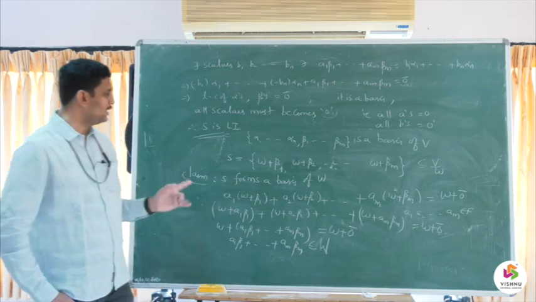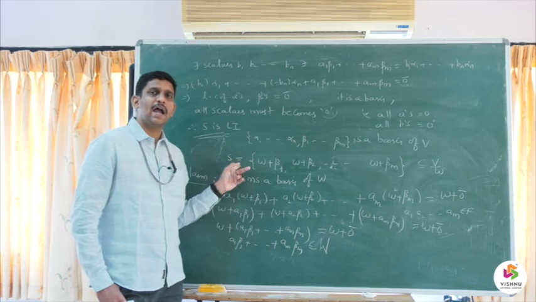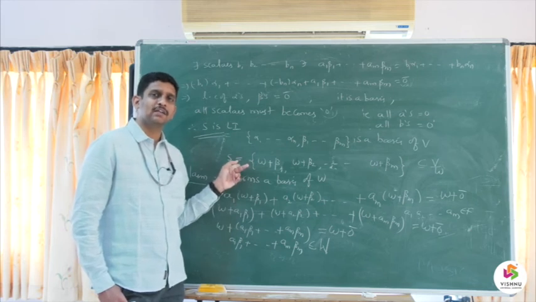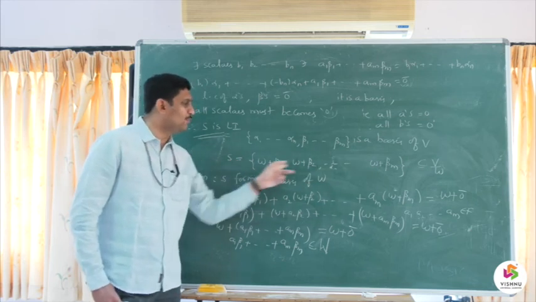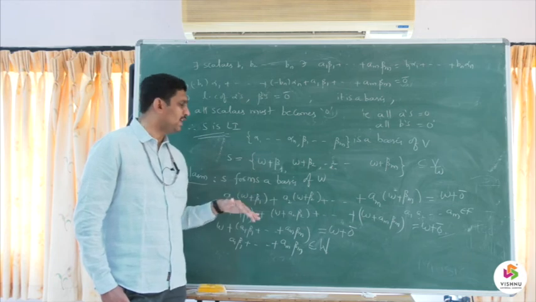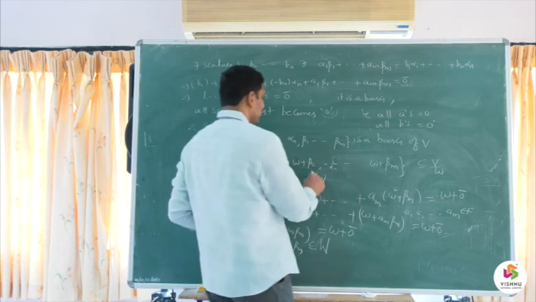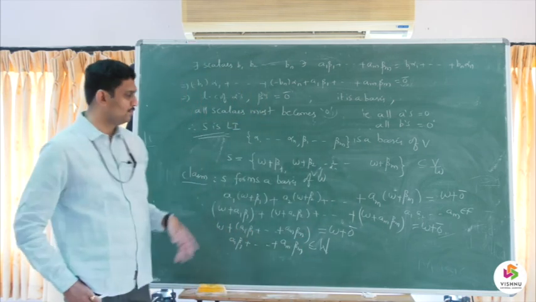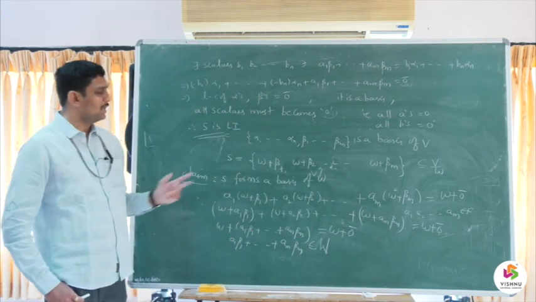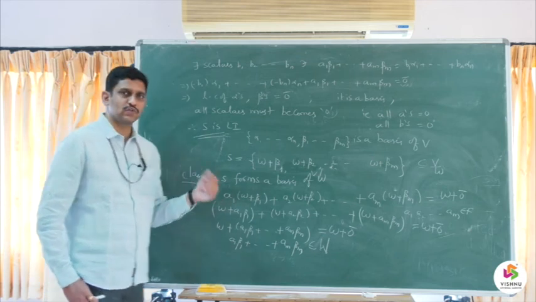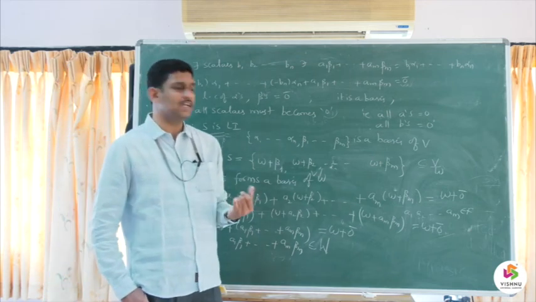Again, observe what I did. In step 1, I defined a set S by taking m cosets. Then I want to prove that it is a basis for V by W. So, how to prove that? I have to prove that it has two properties. One, linear independence.